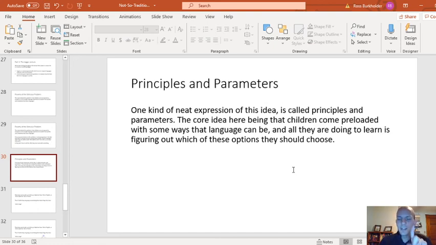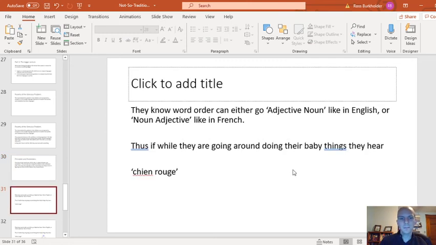Or they can say language is type B and turn the switch to the left. So they know that languages can either put the adjective in front of the noun in an adjective-noun construction, like a red dog, or it could be that they go in the other order, noun and then adjective, dog red.